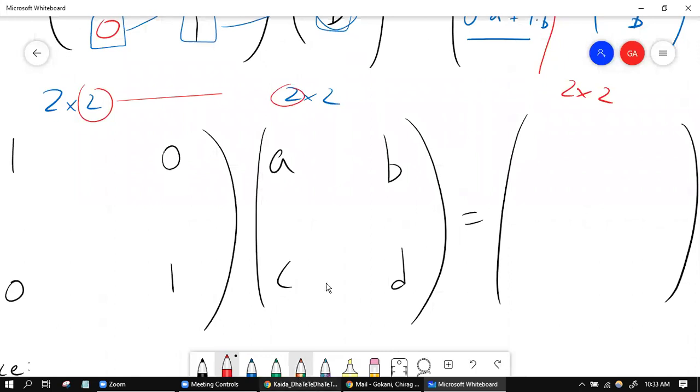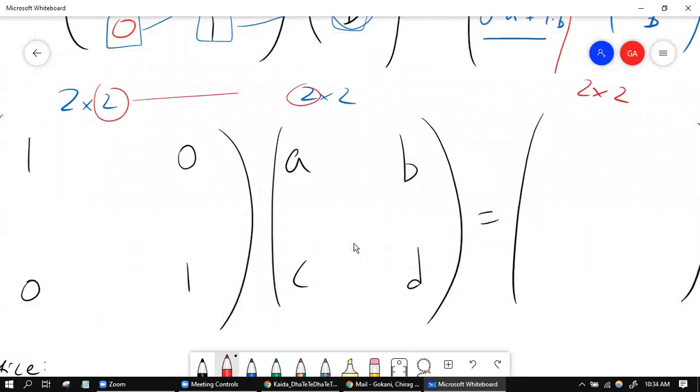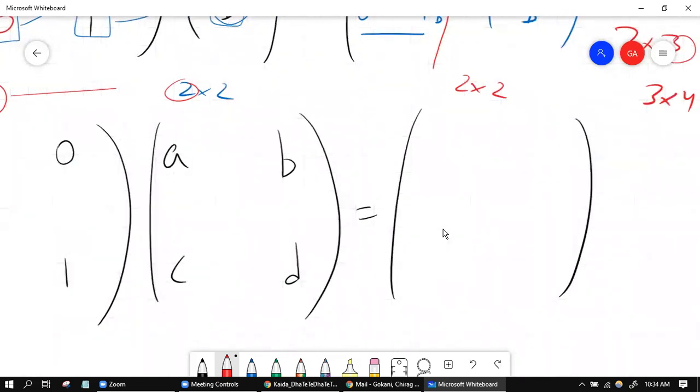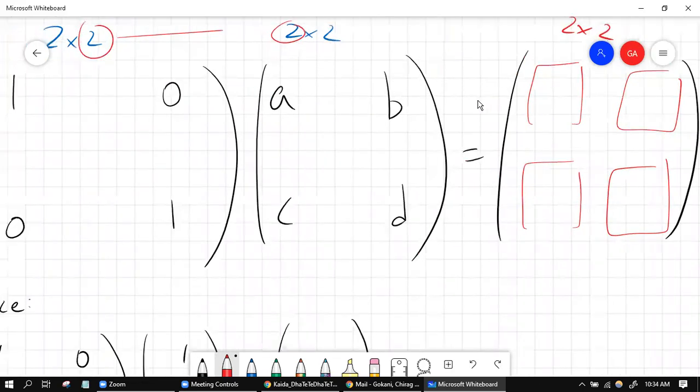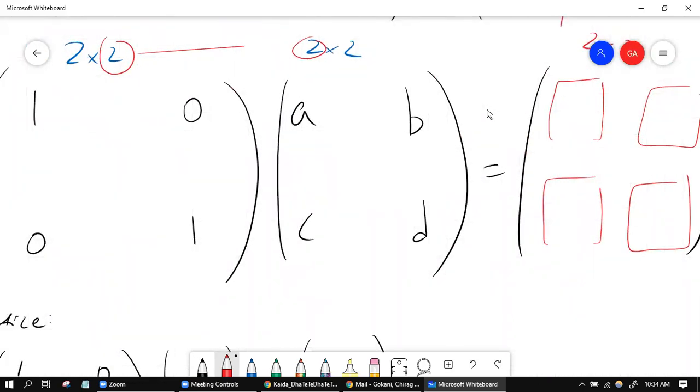I'll guide us through, because this is only the second one we're doing. There are going to be 4 elements here, right? When you have a 2 by 2 matrix, you're going to have 4 elements: 1, 2, 3, 4. So this first element is given by 1 times A plus 0 times C. So 1 times A is A, 0 times C is 0.